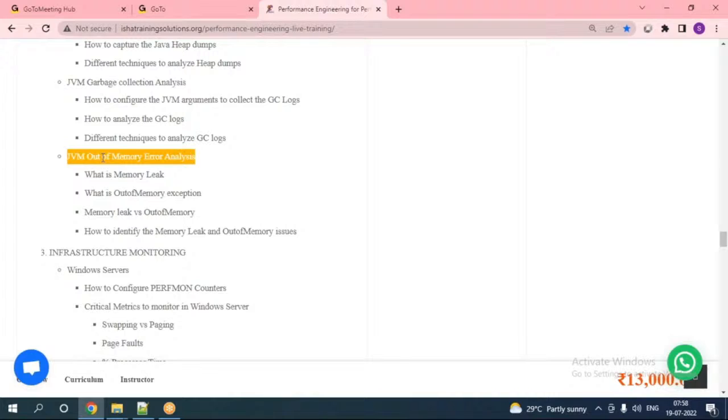So java.lang.OutOfMemoryError: Java heap space, java.lang.OutOfMemoryError: PermGen space, like that, a lot of error messages are there. Each and every error message, what it represents and how to overcome that out of memory error, all those explanations we are going to discuss in this section.